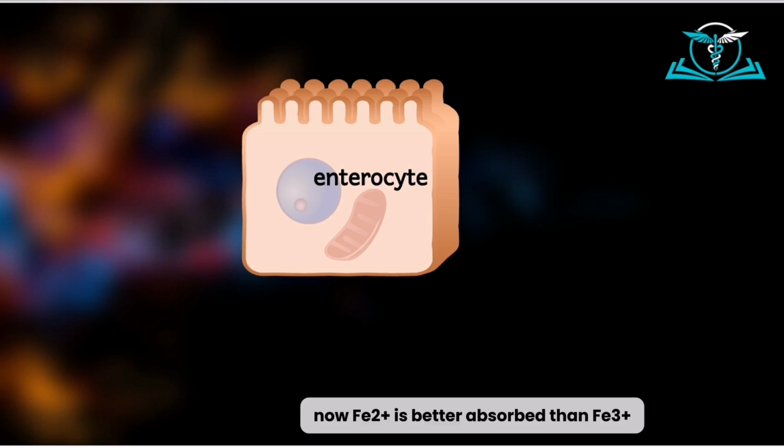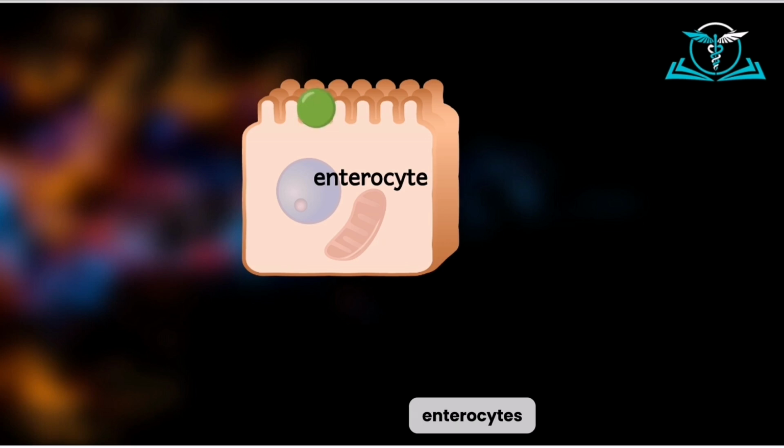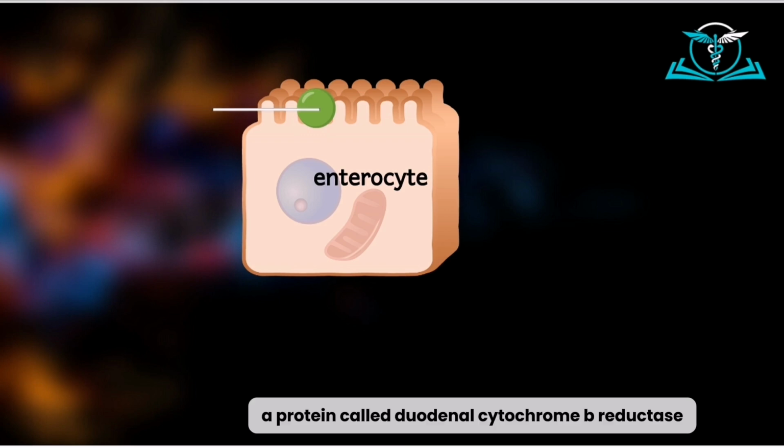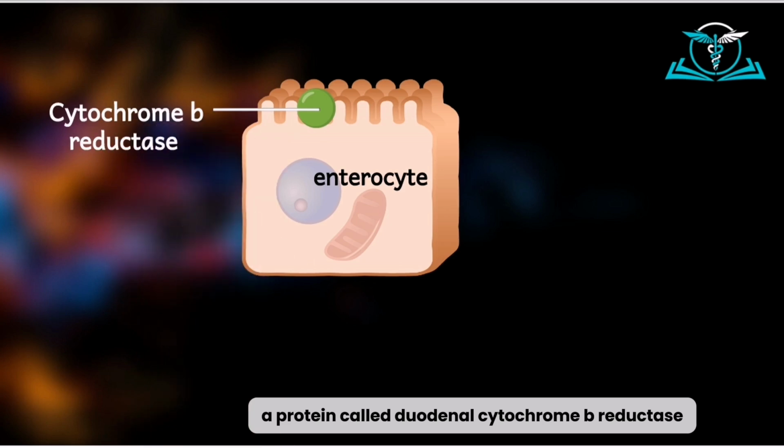Now, Fe2+ is better absorbed than Fe3+. And so on the luminal surface of the duodenal enterocyte, a protein called duodenal cytochrome B reductase converts Fe3+ to Fe2+ for better absorption.